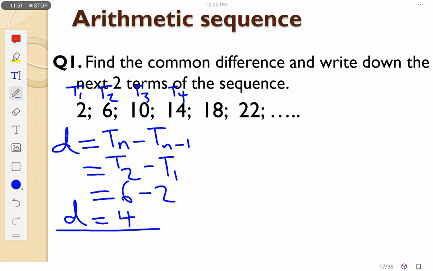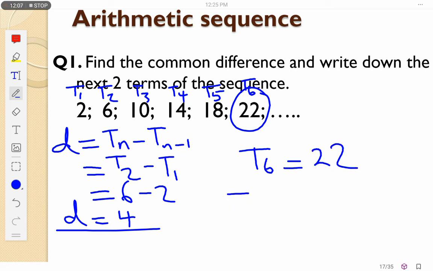Writing the next terms, I'm going to come here. This is T4, T5, T6. So I'm going to use T6 then. T6 is equal to 22. I want to find T7. T7 is going to be equal to 22 plus 4.